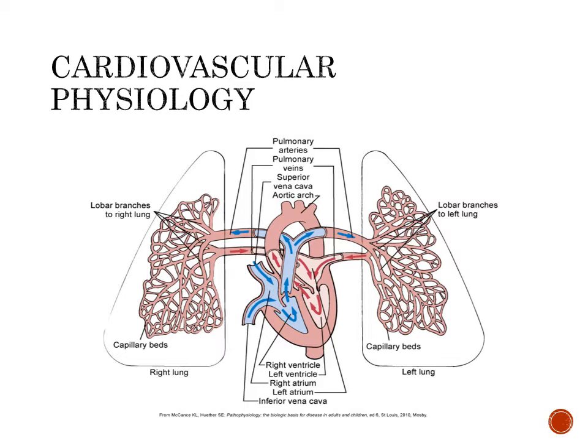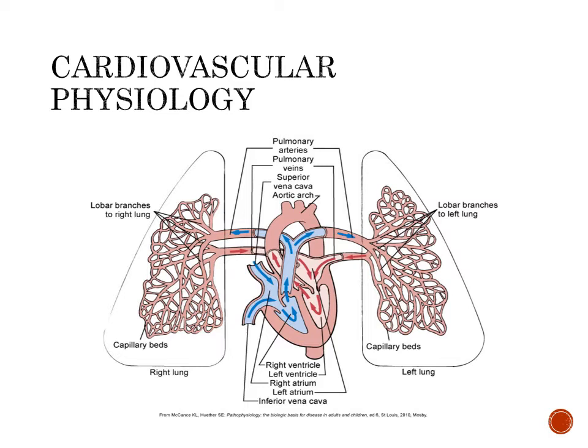The left ventricle pumps oxygenated blood back into the body, and as blood is passing through this circulatory system, there is an exchange of respiratory gases, nutrients, and waste products occurring between the blood and the tissues. The right ventricle pumps blood through the pulmonary circulation. The left ventricle pumps blood through the systemic circulation.